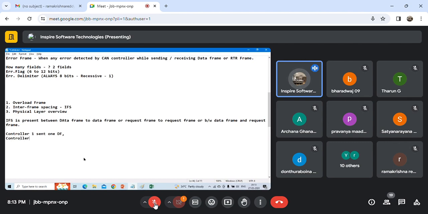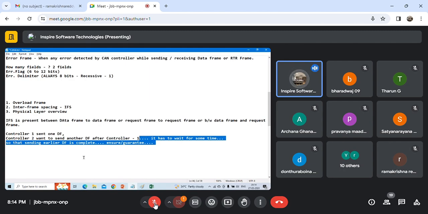Next, controller 2 wants to send another data frame after controller 1's frame. So it has to wait for some time, so that sending the earlier data frame is complete. In order to guarantee that, in between there will be a gap. So that gap is fulfilled by interframe spacing.